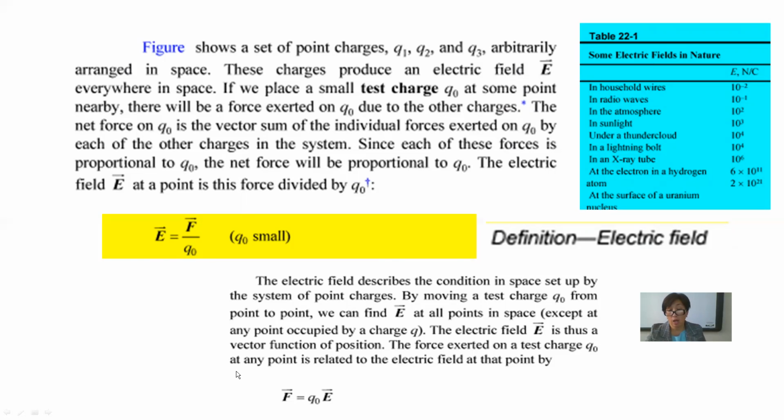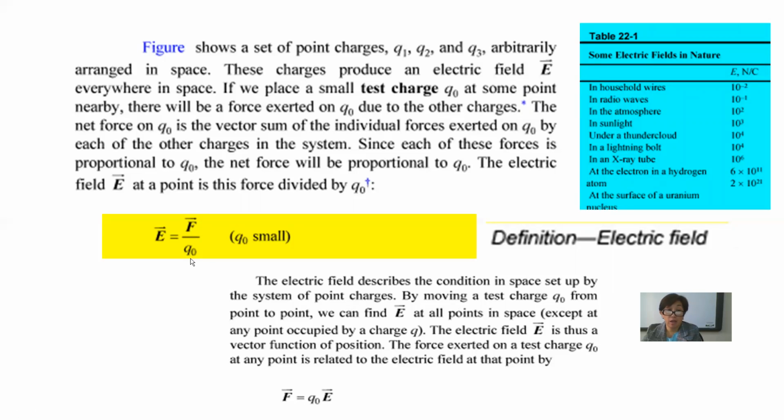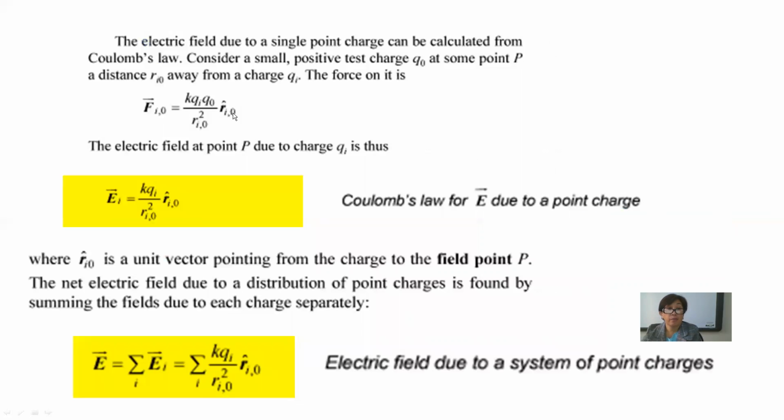The electrical field due to a single point charge can be calculated from Coulomb's law, with charges Q1 and Q0, Q2 and Q0, Q3 and Q0. This is Coulomb's law.